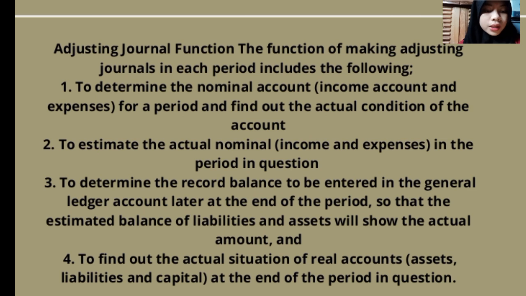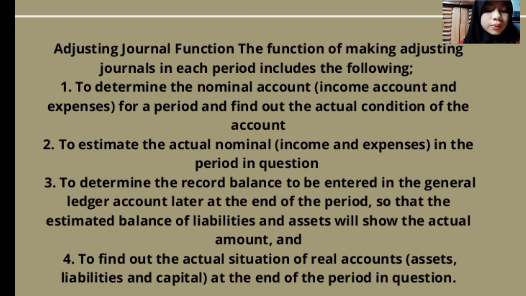The function of making an adjusting journal in each period includes the following. Number one, to determine the nominal accounts, income accounts, and expenses for the period and find out the actual condition of the accounts. Number two, to estimate the actual nominal income and expense in the period in question.